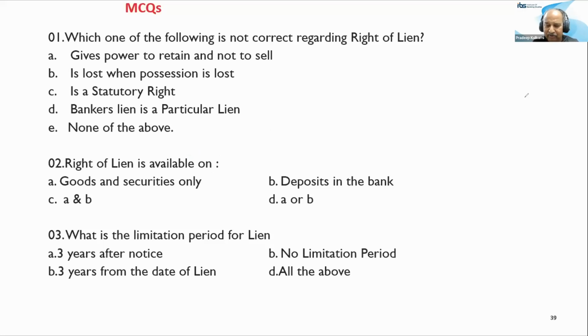Please say that lien is marked on the basis of a declaration received from the customer, or permission from the customer to mark the lien. That is the reason we obtain a letter of lien from the customer. Limitation period for lien: there is no limitation for lien.